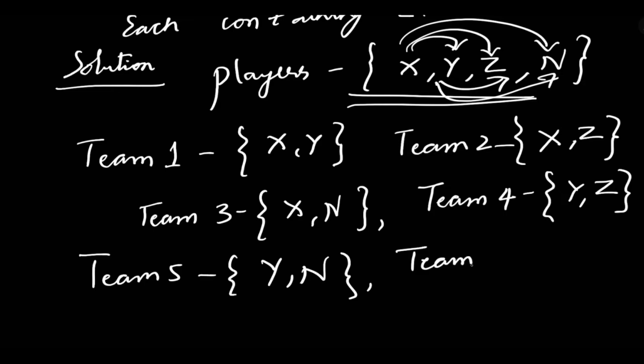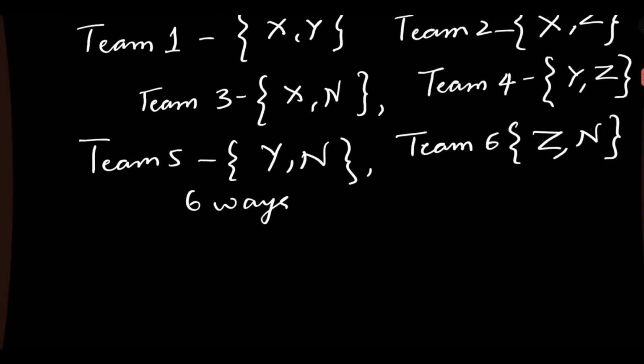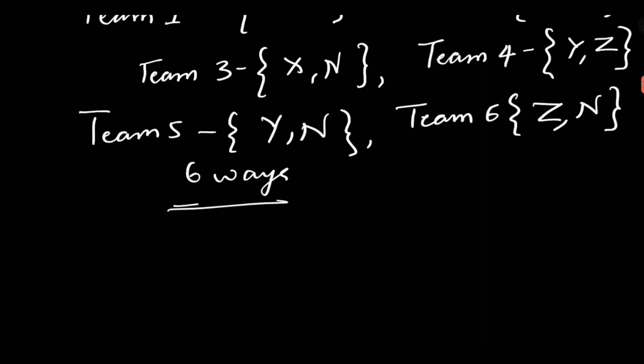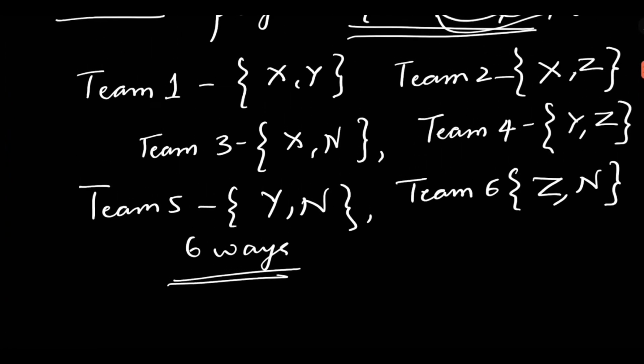And then finally team 6, that is z with n. Is that clear? So how many teams? 6 ways you can arrange. So there are 6 ways of arranging them in teams considering 2 players in a team. Here the order does not matter.